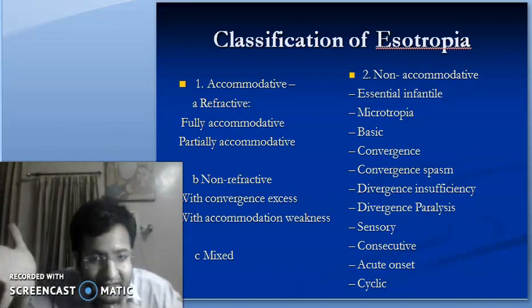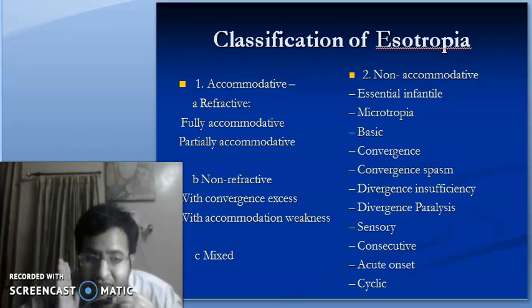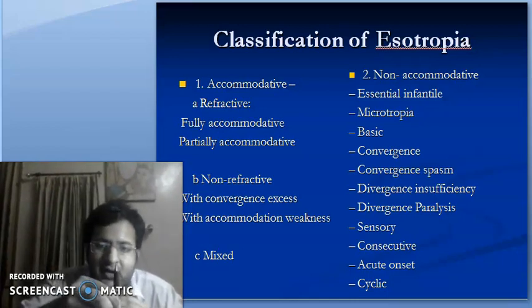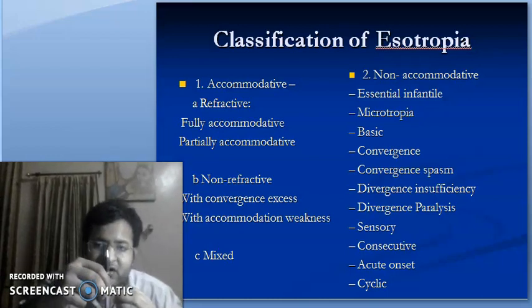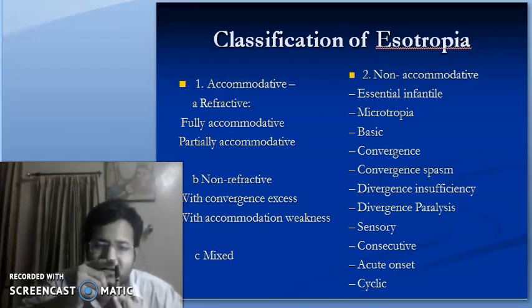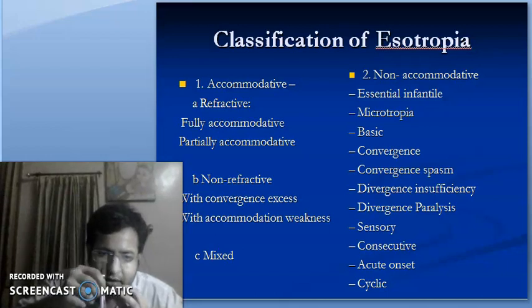In the non-refractive causes, it can be convergence excess. What does convergence excess mean? For example, to see this object, our full accommodation has to play a role: we have to converge the eyes, the pupil will constrict, and the ciliary muscles will accommodate, so the lens shape will change.